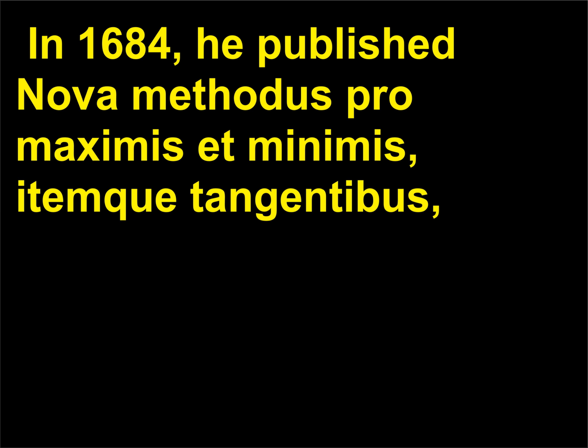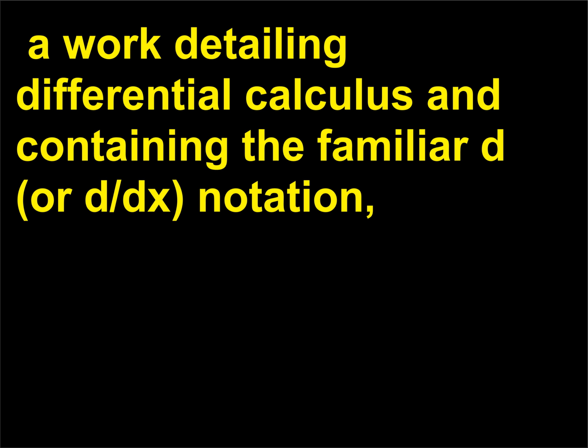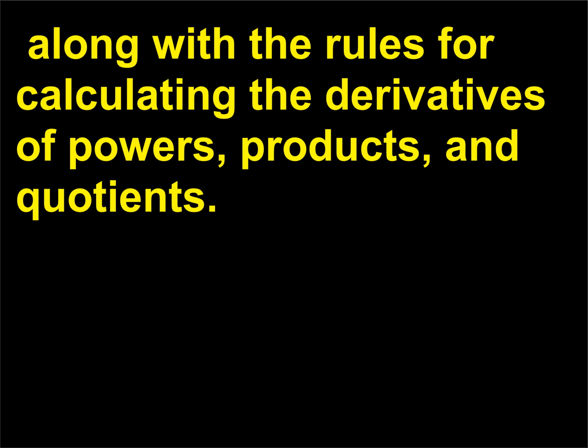In 1684, he published Nova Methodus pro maximis et minimis, item tangentibus, a work detailing differential calculus and containing the familiar d, or dy/dx, notation, along with the rules for calculating the derivatives of powers, products, and quotients.